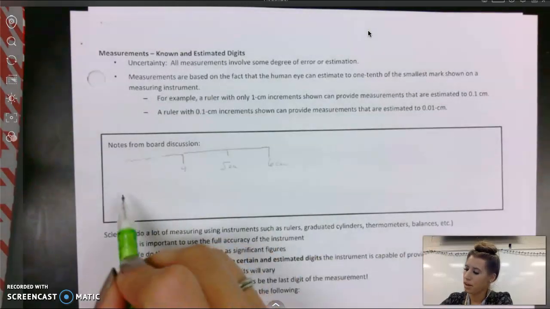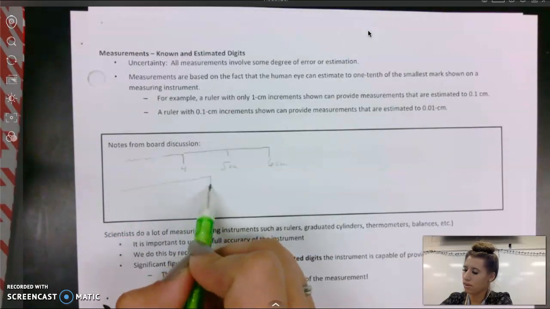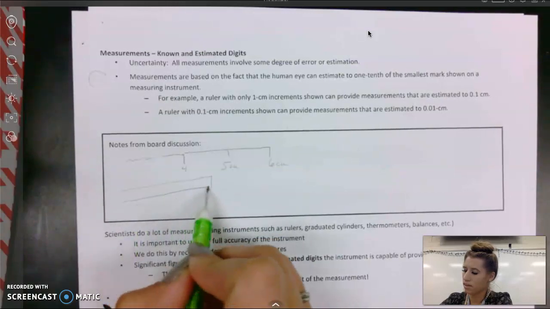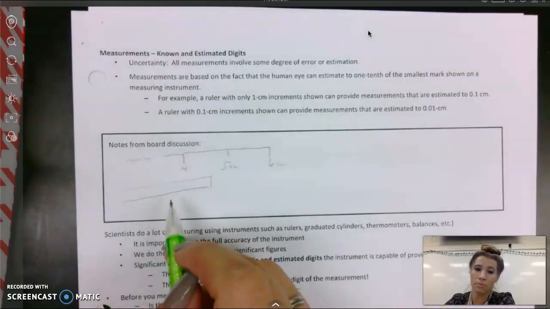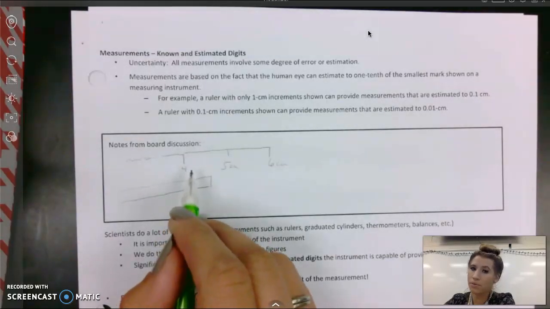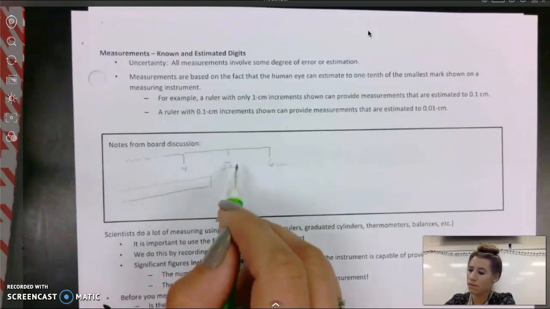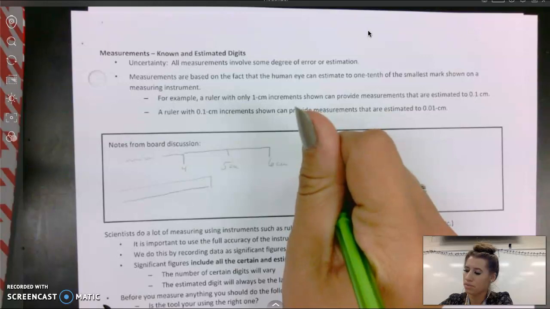Okay, and my object started back at 0, and now it's ending right there. What is the measurement of this object? Well, I am certain that it's past 4, and I know it's not to 5, so I have 4 centimeters.